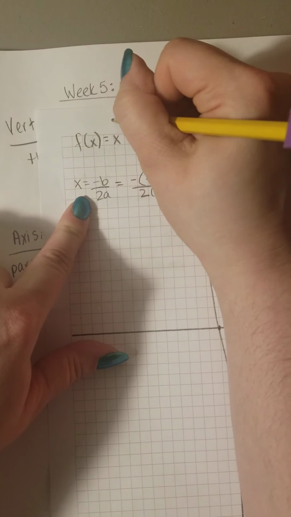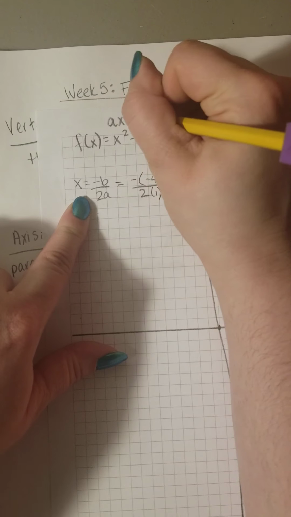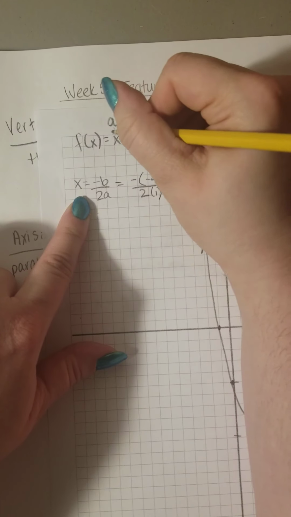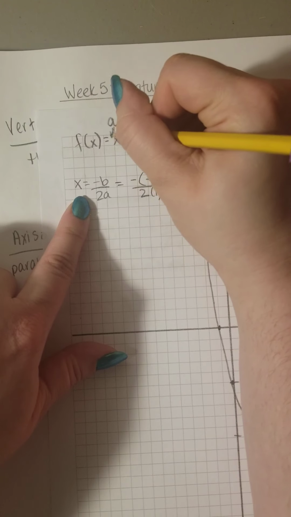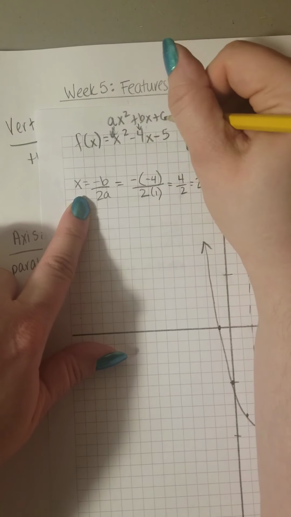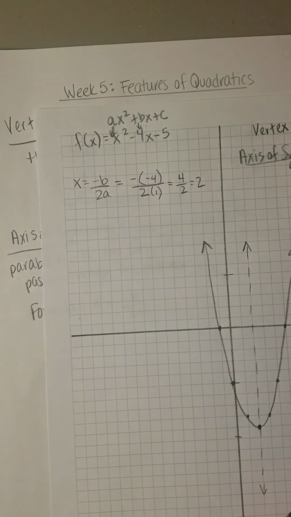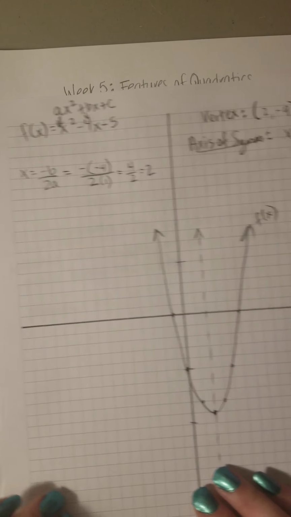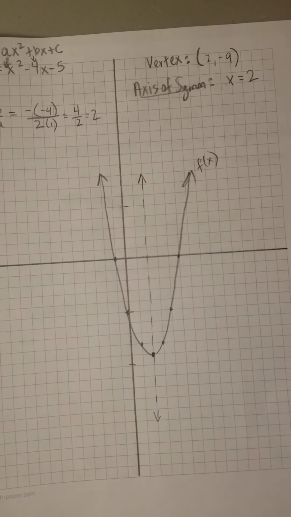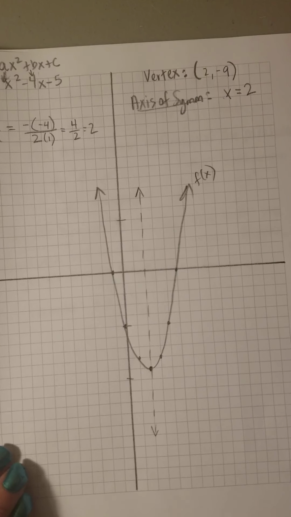As a reminder, it's really ax squared plus bx plus c. That's where I get the a, the number out front, and then the b, the number in front of this x, and then c is the constant on the end. Okay, so that is my axis of symmetry, this line that cuts it directly in half.